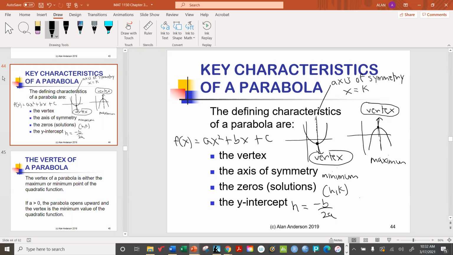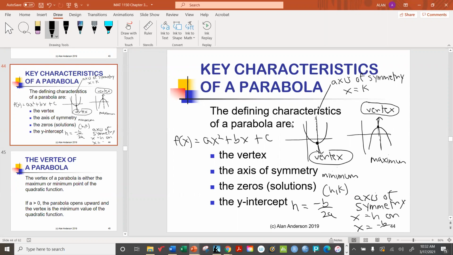And then the axis of symmetry is a constant value for x. You can think of it as x equals h, or x equals minus b over 2a.